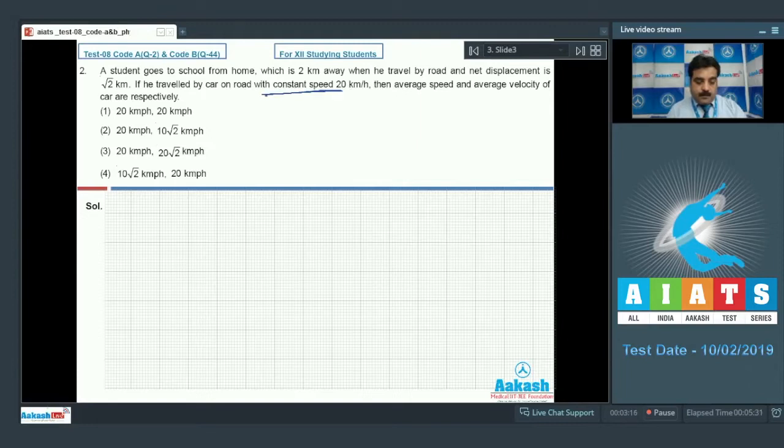Because of constant speed, the average speed is 20 km per hour, but I need the average velocity. So first requirement is time, and you can use speed equals distance upon time. So time is distance upon speed. According to the problem, distance is 2 km and speed is 20 km per hour. So I have the value of time, 1 upon 10 hour.